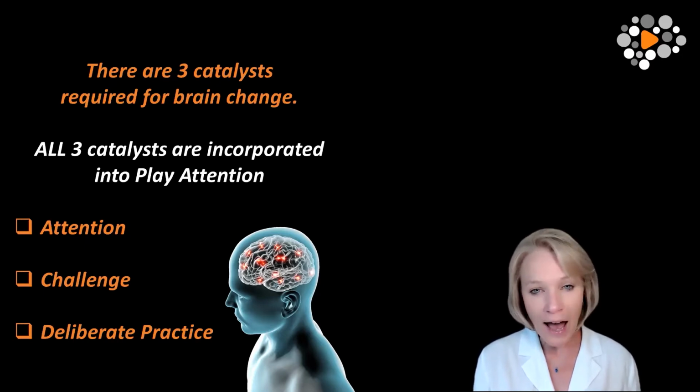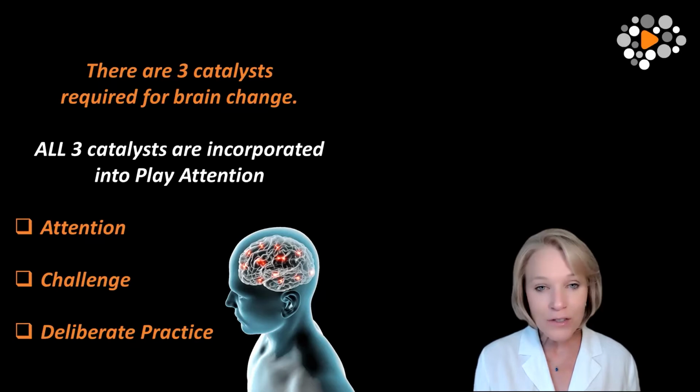However, if you are having a hard time paying attention to that person or that process, then it's going to be very difficult for you to spark that brain change and create those new neural pathways. In order to learn, in order to spark that brain change, you have to be actively engaged. So our program mandates that you are actively engaged in order to activate the activity.